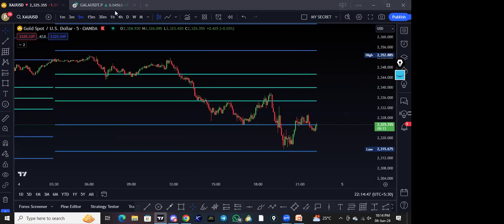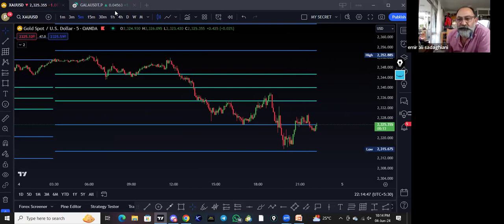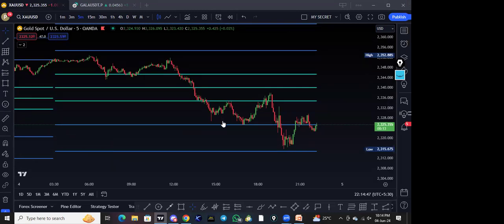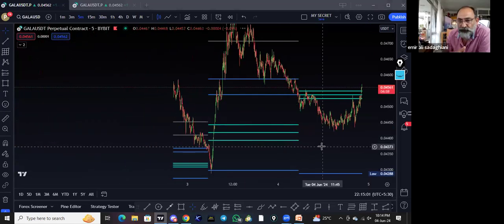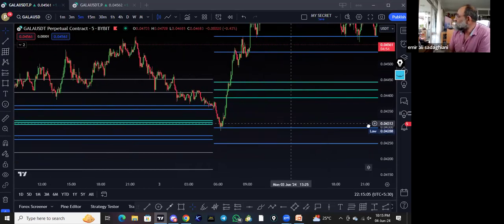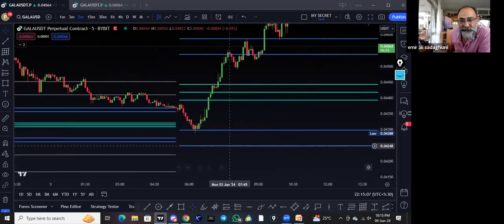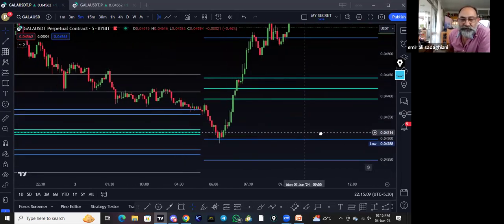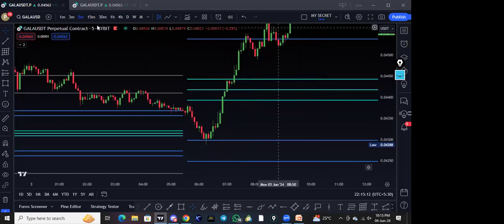Can you show us a few hammers and a few dojis that are different? Because sometimes when we look at the diagrams, it's simple, but the real ones change. Okay, yeah, I'll show you.